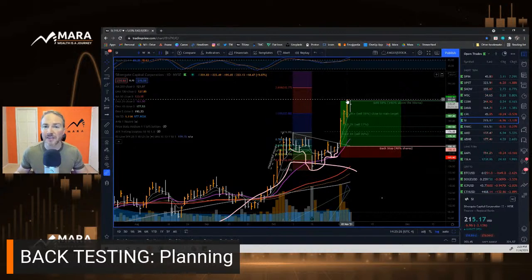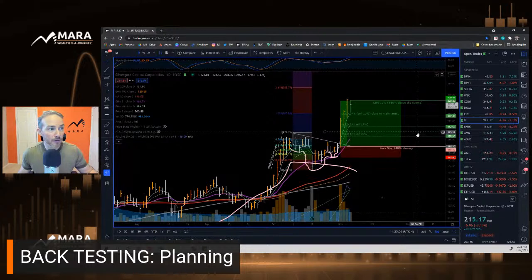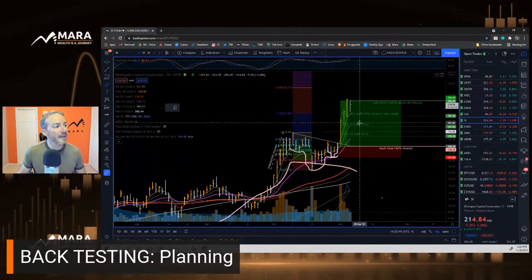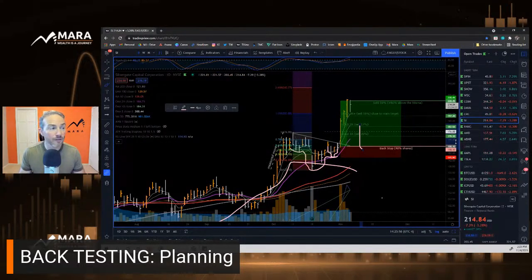That's the highest price that it's gotten to. You can also see along the way, I like to scale out of bits and pieces of my position, so I'm locking in gains as it goes. But let's say that's the highest price it gets to, and then tomorrow it gaps down and stops me out of the last bit of my shares.